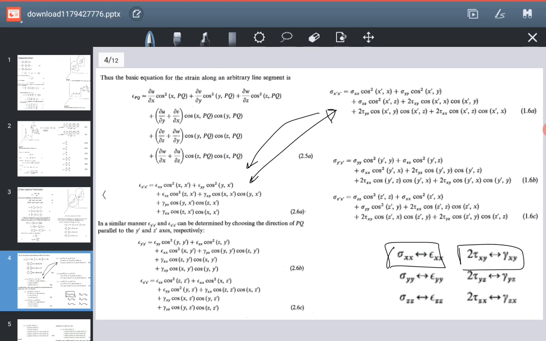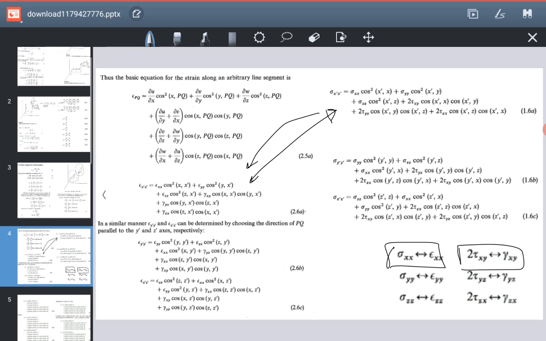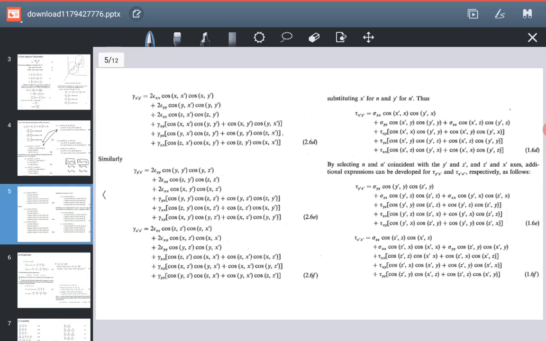So 2 tau xy corresponds to gamma xy, and the expression of the shear strain is given to you here. For the sake of comparison, I just copy pasted it from the previous slide. If you can see here, these two expressions are quite similar.